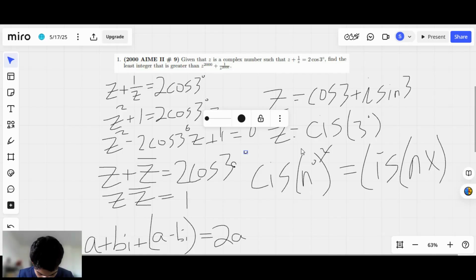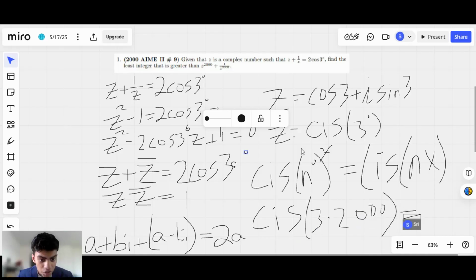All right, so now we'll use this in trying to solve the problem. So obviously this is going to be equal to cis of 3 times 2000, and that is going to give us z to the 2000. This is obviously equal to cis of 6,000.